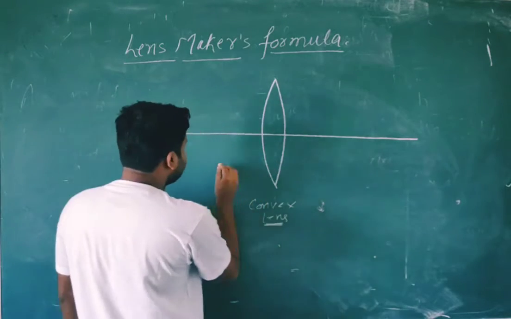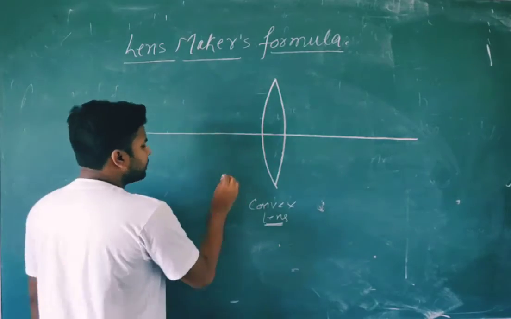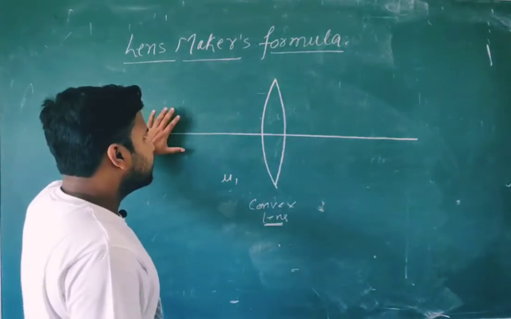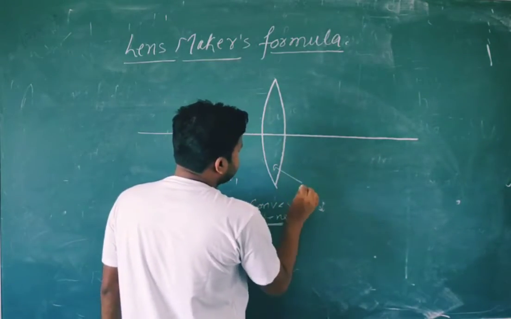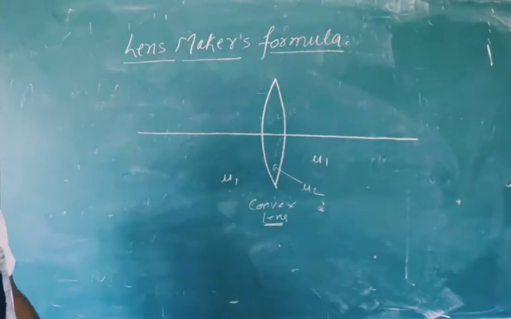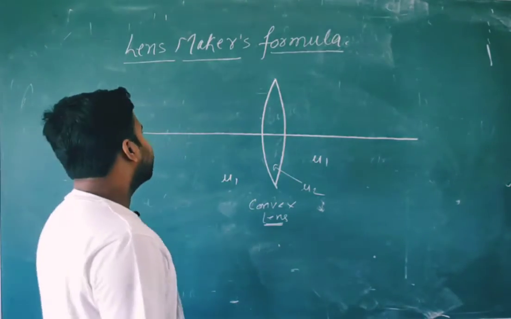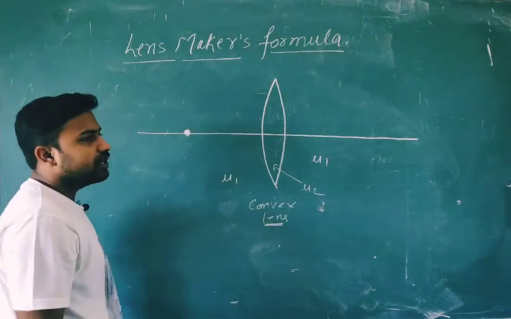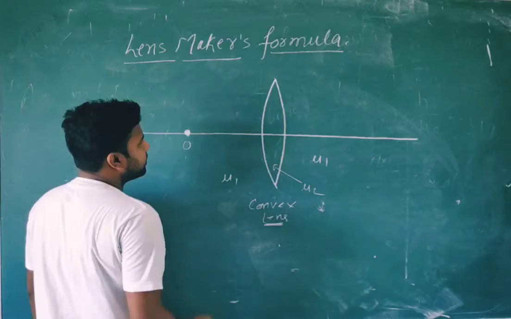I am assuming the refractive index of this surrounding is mu1 and the refractive index of this lens is mu2, and here it is again mu1. You can also assume air, glass, anything, but I am taking a general case. Here we have a point object, and this point object is situated at the principal axis.